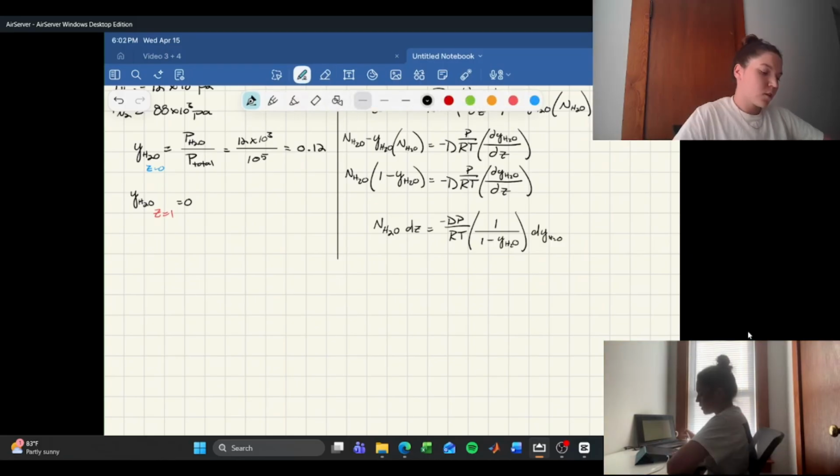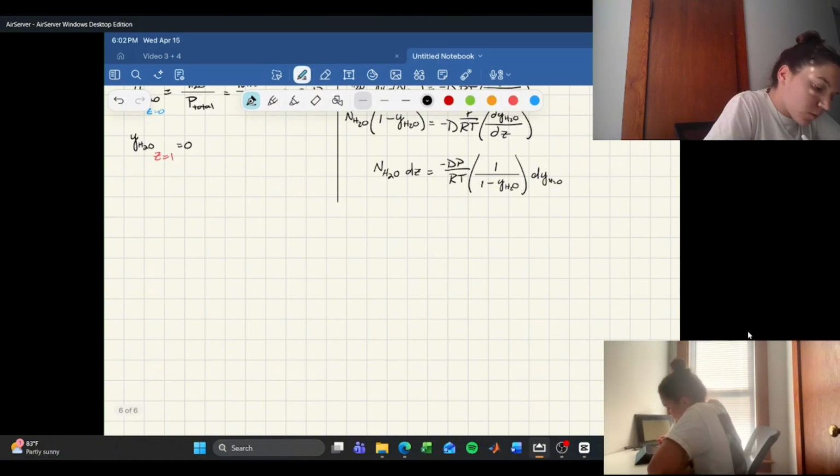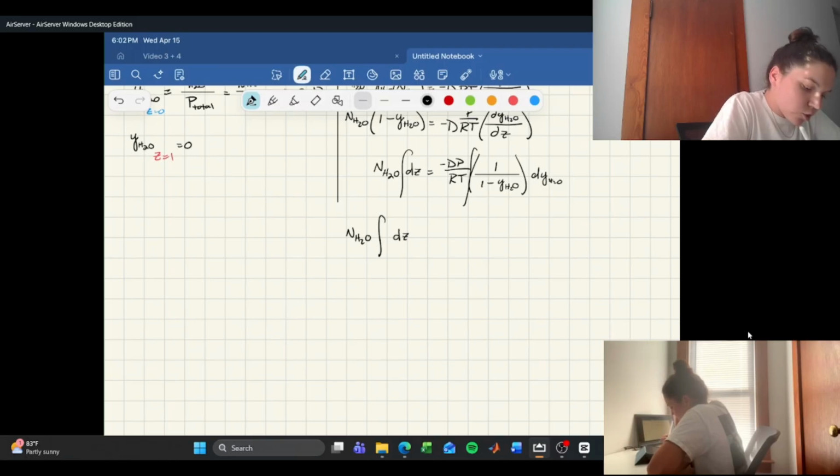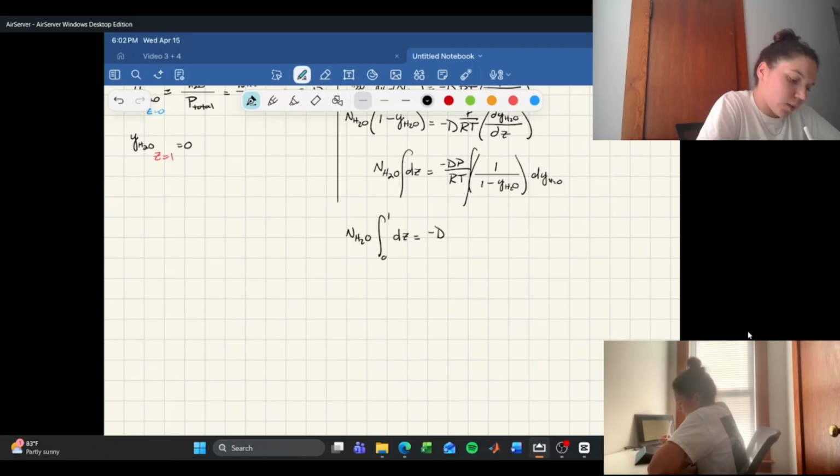So to integrate, it'll be here and here. I'll just rewrite it though. So the change in position is going to go from 0 to 1 meters. It's going to be equal to the negative diffusion coefficient times pressure over RT.